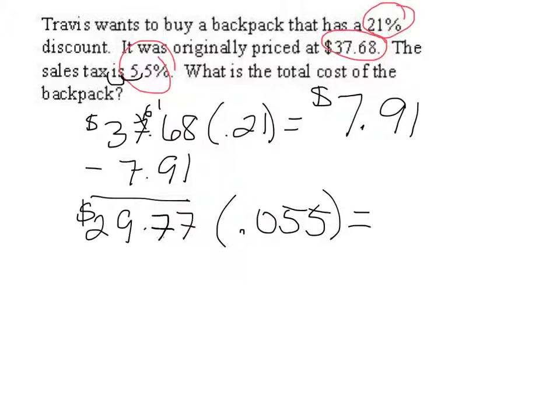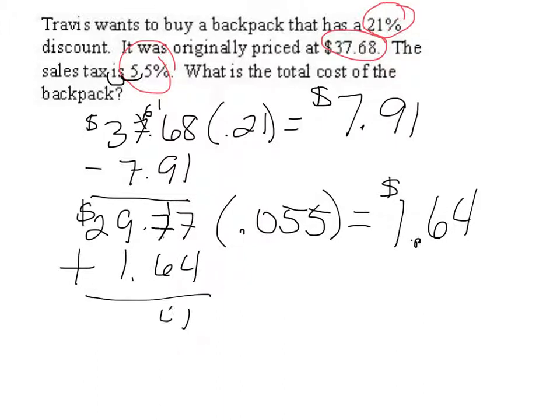And we get his sales tax. So Uncle Sam is going to get $1.64, rounding to the nearest penny. So we have to add that on. So this total that they would pay at the cash register would be $31.41.